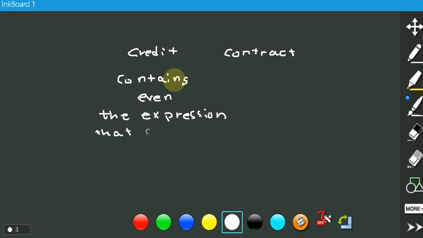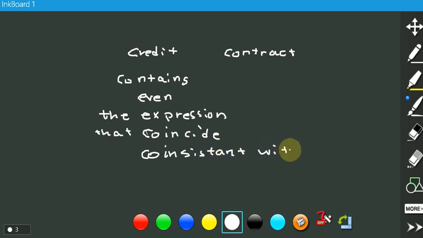Even if the letter of credit contains the expression that the letter of credit should coincide, be coexistent with the same as the contract, even though it expresses this, this expression is not valid.